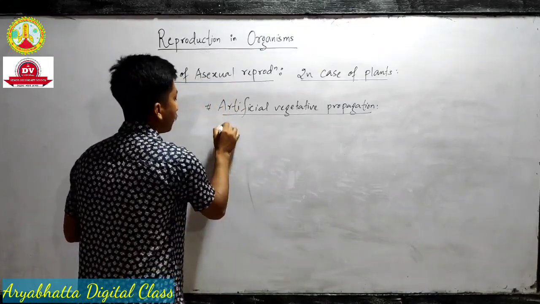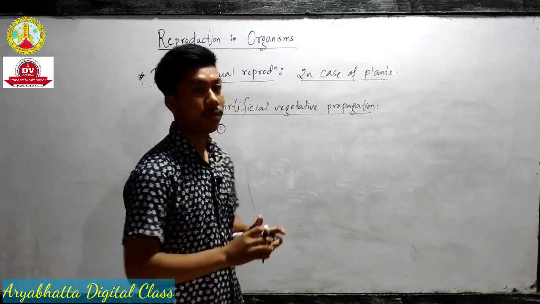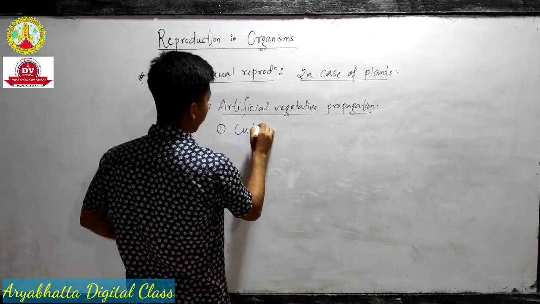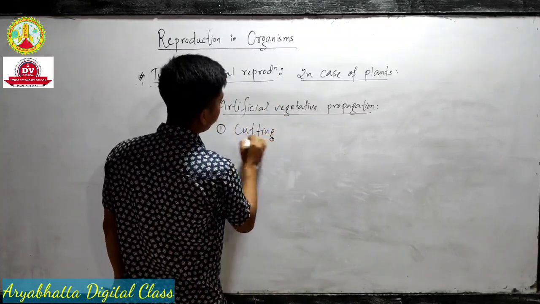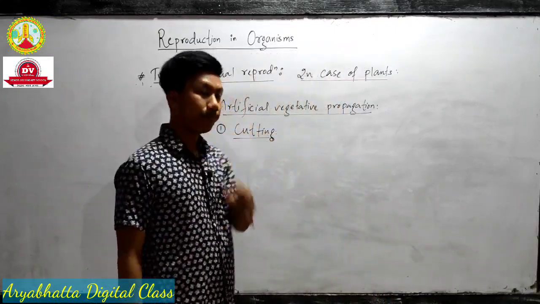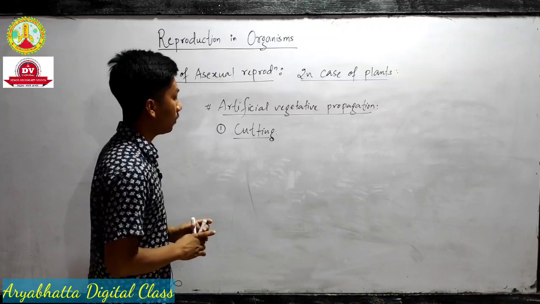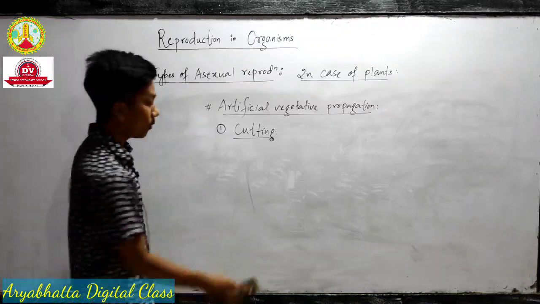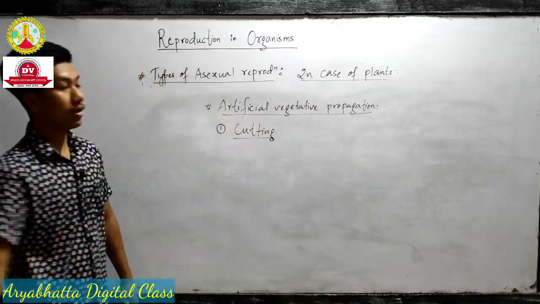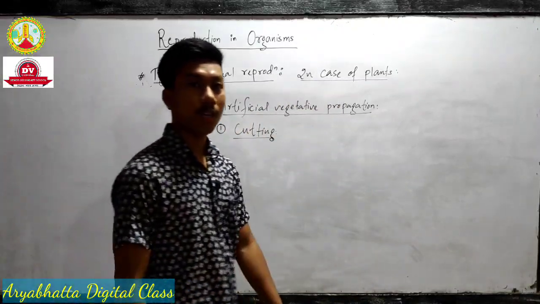The first type of artificial vegetative propagation is known as cutting. This method can be very useful for those who like to do gardening. It is a very common method for people who do artificial vegetative propagation for gardening.